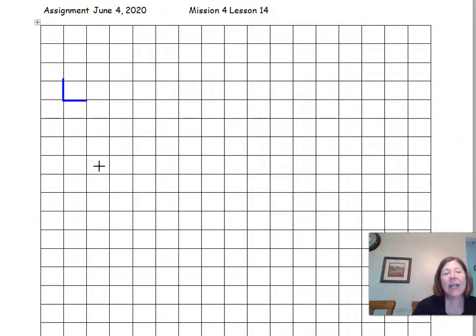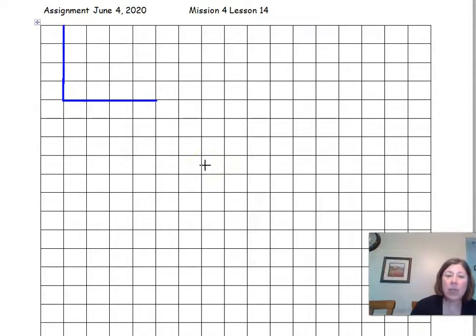But now isosceles means that two sides have to be equal. So what I'm going to do is make this side 4 squares wide, and I'm going to make this side 4 squares wide.